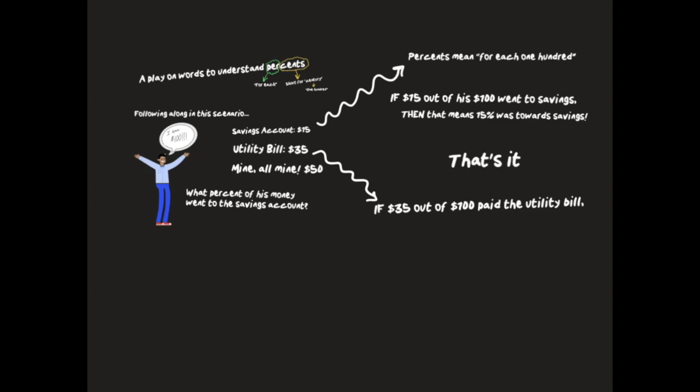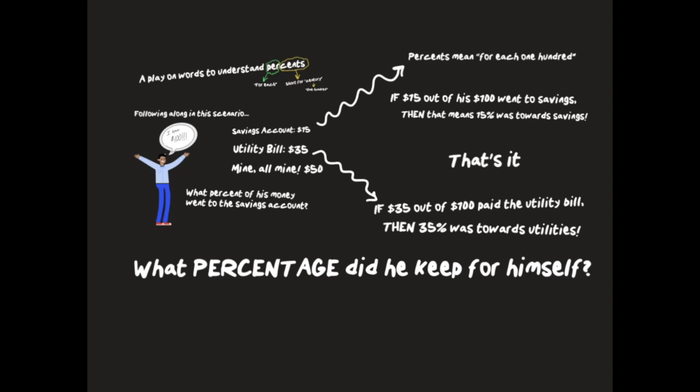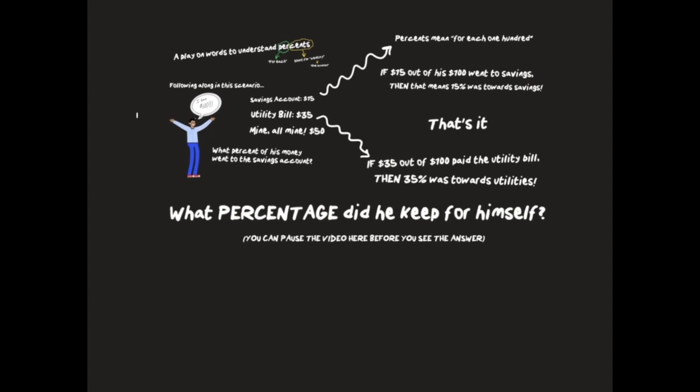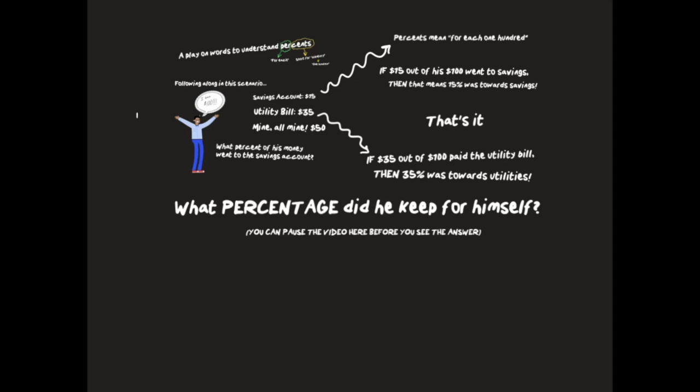If $35 out of $100 paid the utility bill, then 35% was towards the utilities. So what percentage did he keep for himself? You can pause right here just for a second before you see the answer. If you follow the other examples, you would see that he kept 50% of his money.